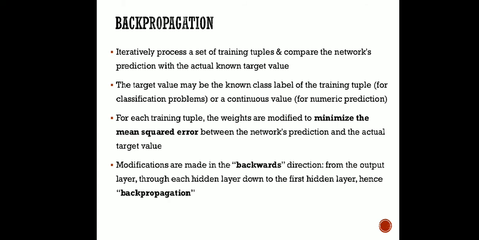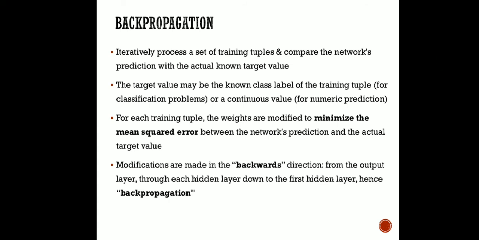From the output layer we will find some edges coming out of the hidden layers. There will be some weights associated with them. We will first adjust those weights, then come to the hidden layer, then from the outermost hidden layer we will come from right to left, and we will keep on adjusting the weights, and ultimately we will adjust the weights going out of the input layer. Okay, so that is why the name is backpropagation.